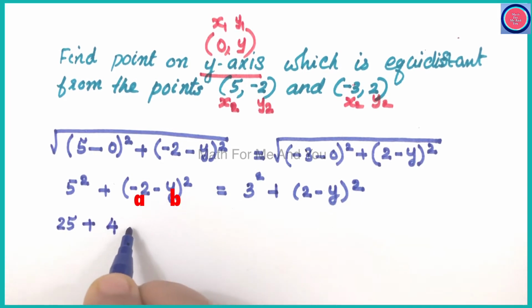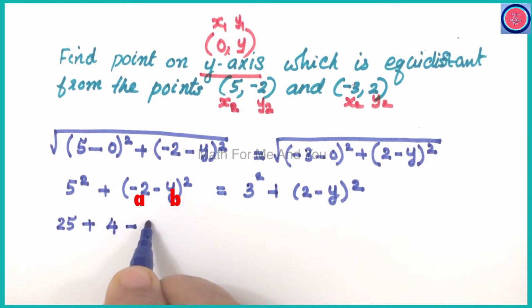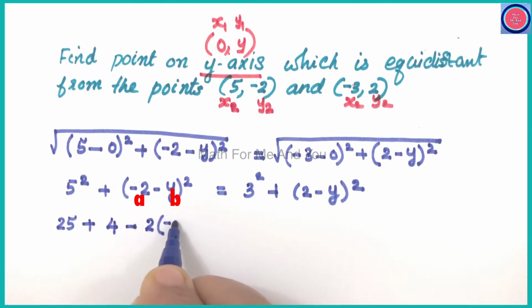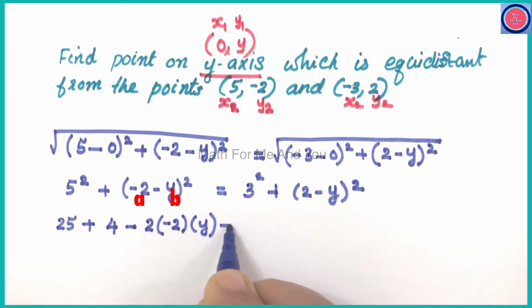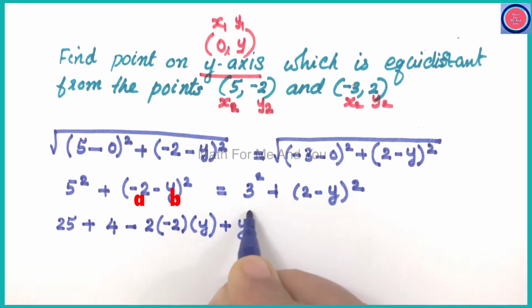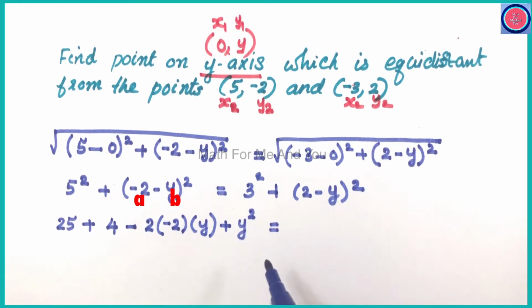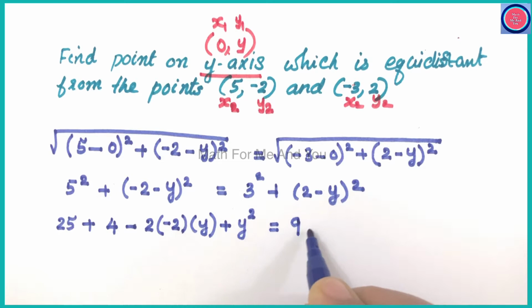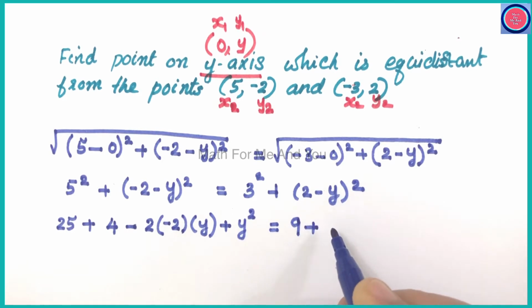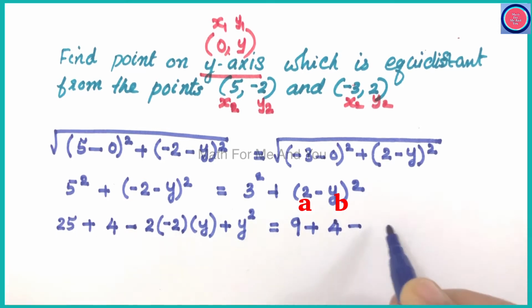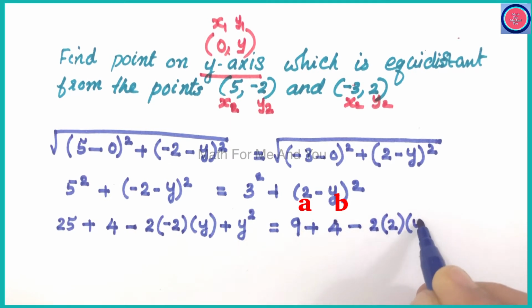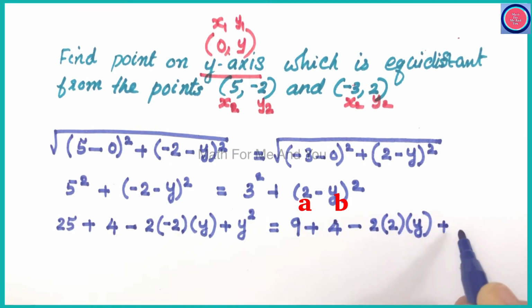That means a square, 2 square is 4, minus 2ab, that is -2 times -2 times y, minus 2ab form, plus b square, that means plus y square, is equal to, right side 3 square means 9 plus the bracket of the form a minus b the whole square. So while expanding we get a square, that is 4, minus 2 times y, it is 2ab, plus b square, that means y square.